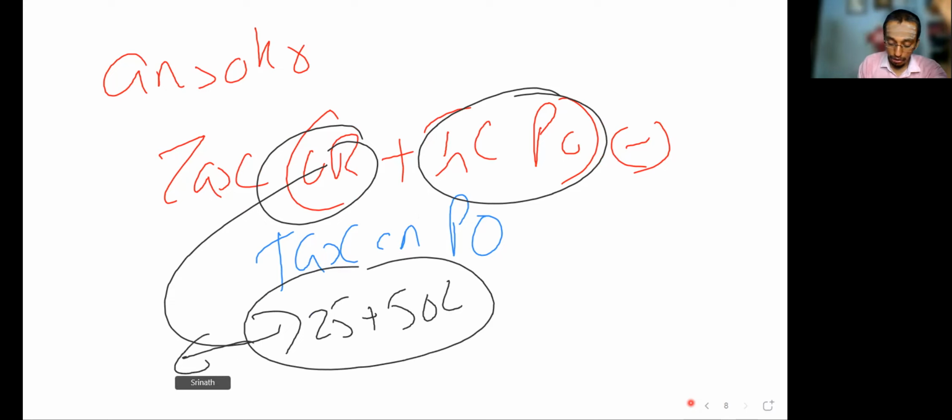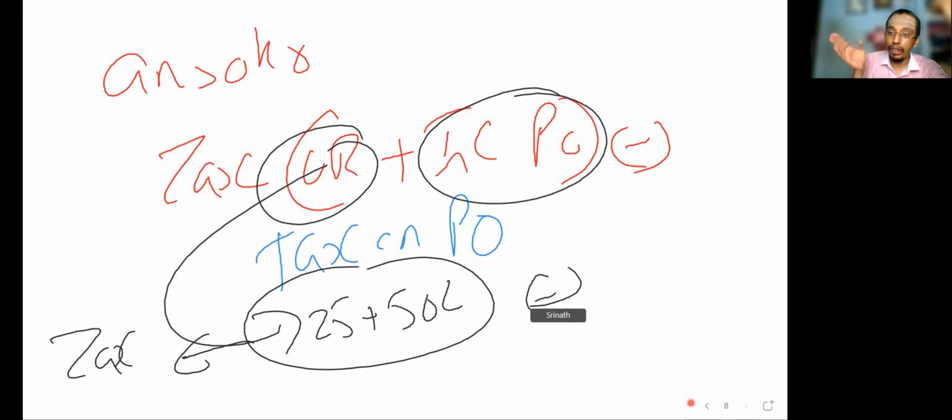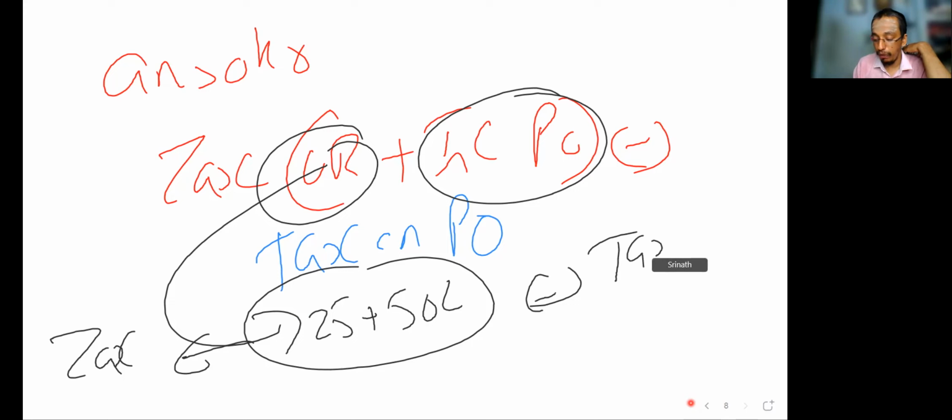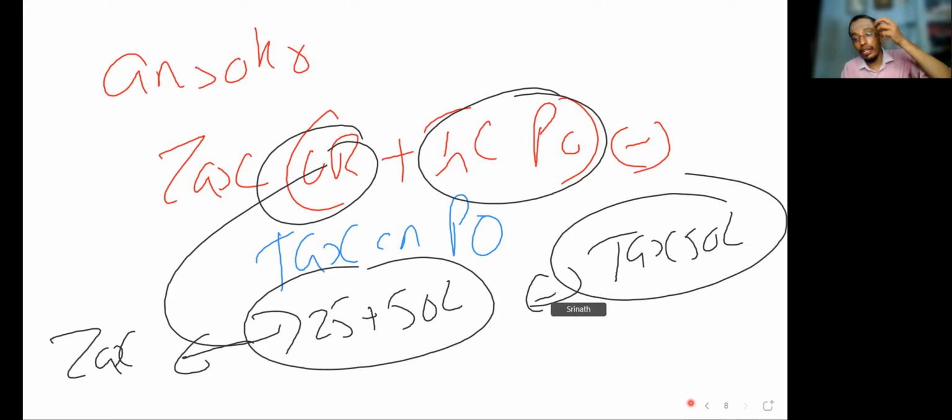So you have to find out tax on 75 lakhs minus whatever tax you have already got as per the earlier order on 50 lakhs. Whatever you have got, that would be considered. Hope you are able to understand this discussion.